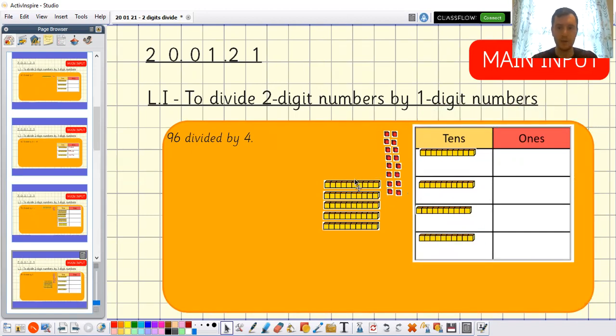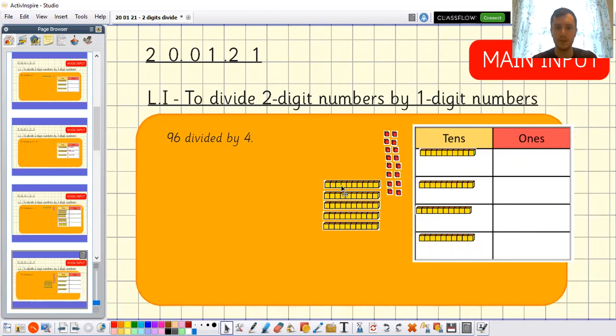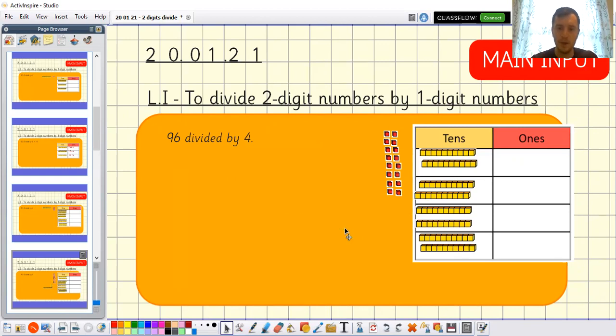There's 1 10 in each box. There's 2 10s in each box, and this was our spare one, which I've already regrouped into 10 extra 1s.